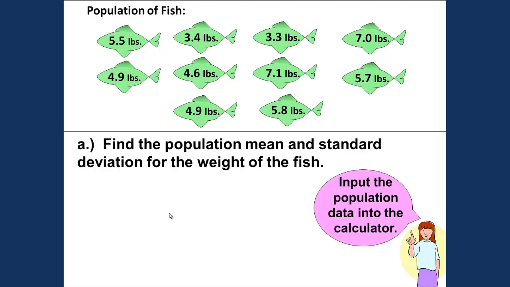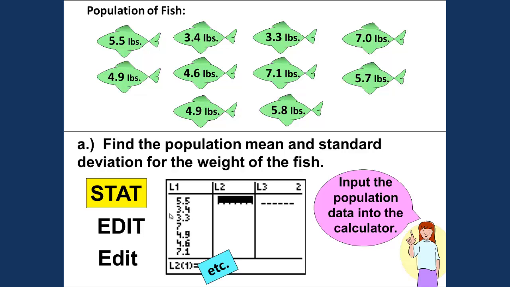We will do this with the calculator. Input the population data into your calculator. You will press Stat and then Edit under the Edit menu. Then you will input each of the weights under List 1.